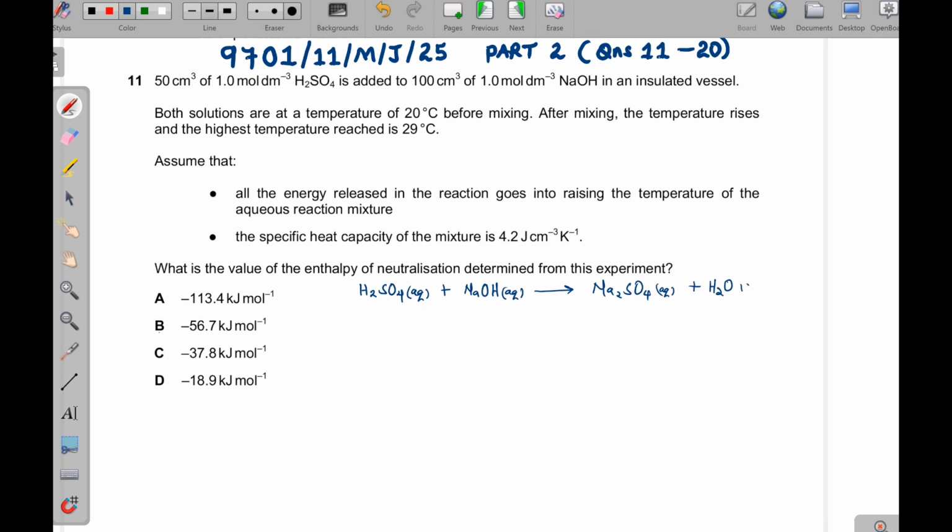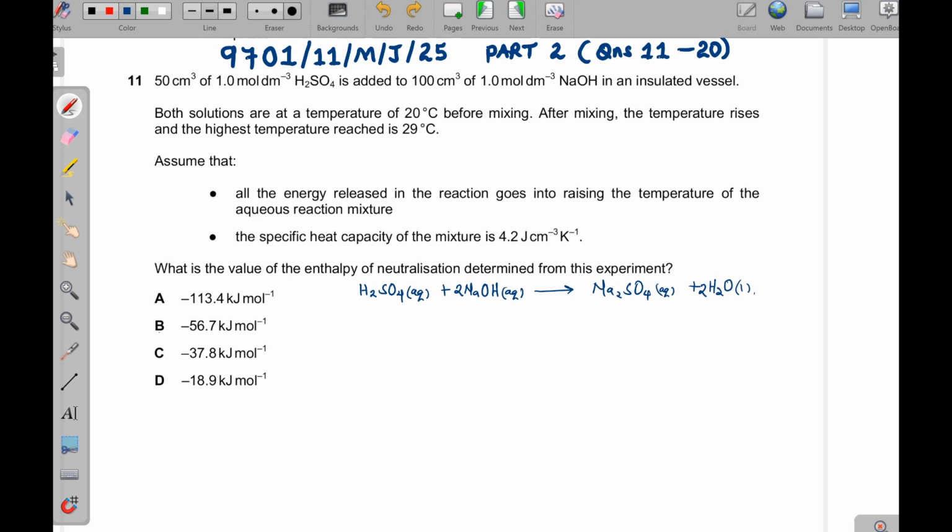We form water here, but balancing this equation, I'll put a 2 here. Hydrogen is 2 and also 2, that one becomes a 4, so I put a 2 here to also make this one a 4. Oxygen is 2 plus the 4, that is a 6, and 2 plus the 4, that is a 6. Sodium is 2 and 2, sulfur is 1 and 1 on the other side.